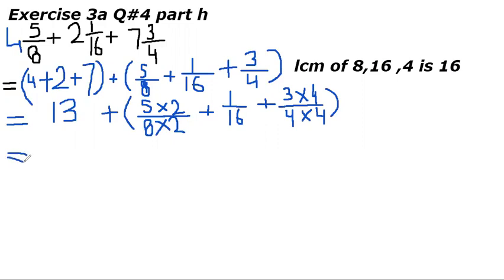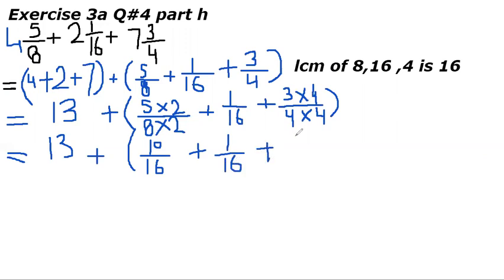Okay, now 13 as it is. 13 is a whole number plus, now we will multiply 5 times 2 is 10. In the numerator we will write 10 and in the denominator 8 times 2 is 16, plus 1 upon 16, plus 3 times 4 is 12 upon 4 times 4 gives us 16.